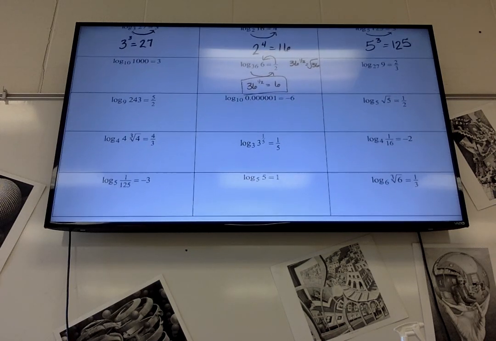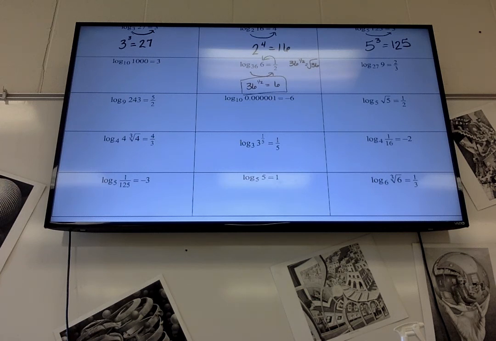Go ahead and rewrite the rest of those, just like we did using the circle method, or whatever method you want, but rewrite it as an exponential. You don't have to change anything.